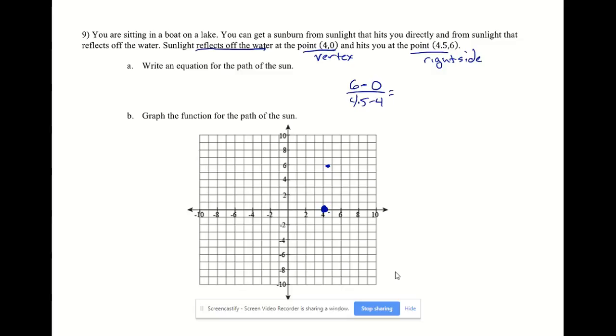And that's going to equal 6 over 0.5. And if we want to, we can double each of those. 12 over 1, which tells us 12. So our slope is 12. When we go over 1, we go up 12. So if we wanted to, our second point would be all the way up, oops, here.